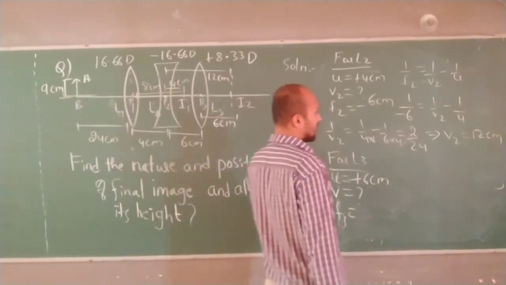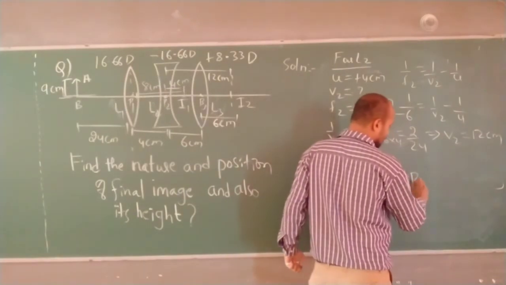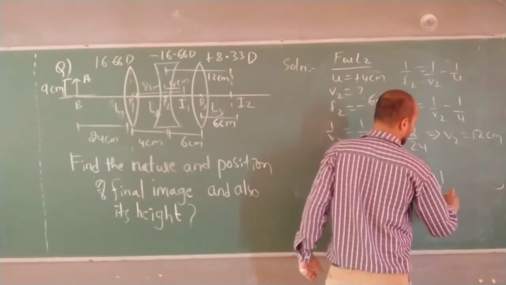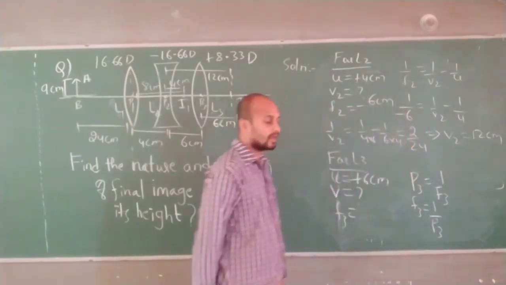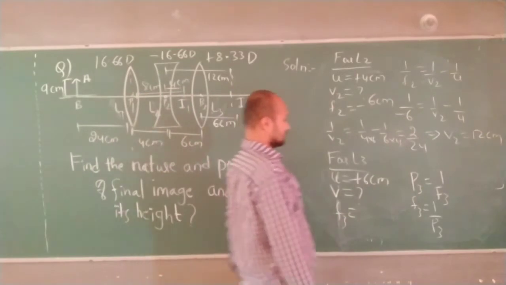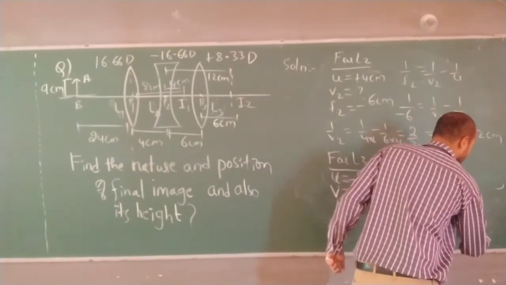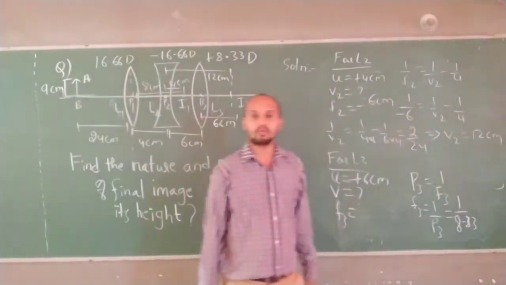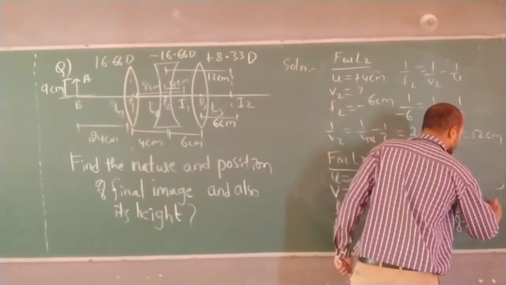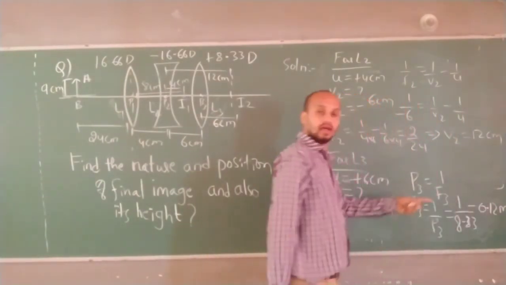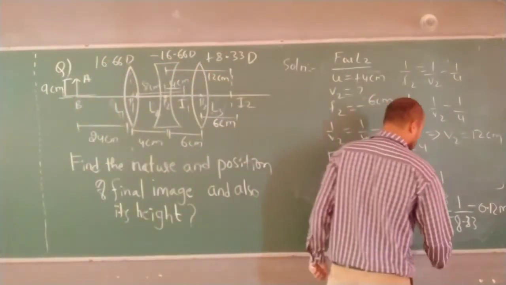Previously I have written the power of the third lens wrong. Power of the third lens P3 is equal to 1 by F3, so F3 is equal to 1 by P3. P3 is 8.33, which will be equal to 0.12 meter.